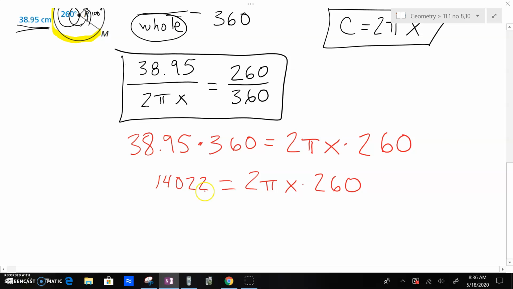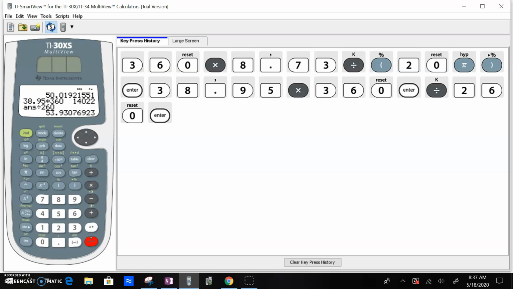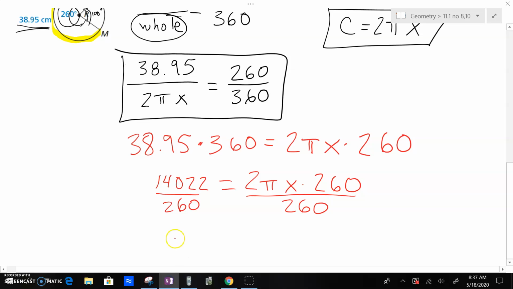So 14022, I'm going to do this in two pieces. I'm going to first divide both sides by 260. I could do this in one, but there's no rush, so let's just do it in two. Divide by 260, hit enter. That's going to be 53.93. And I'm just going to leave that in the calculator.